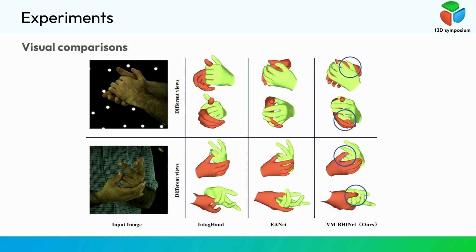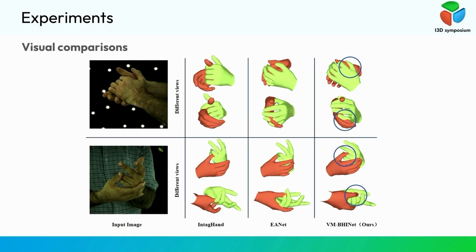For example, the results highlighted in blue circles in the figure clearly show a better reconstruction of the true positional relationship between the two hands.